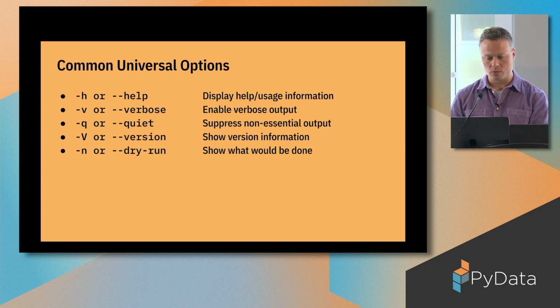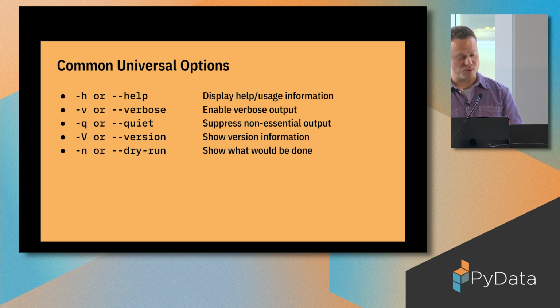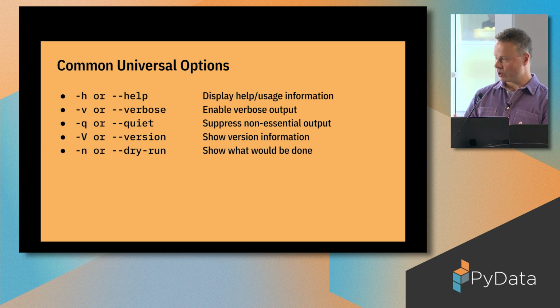So when it comes to options that you can use for your next command line tool, there are certain conventions out there. And a lot of tools, not all of them, there are always exceptions. I mean, that happens when something has been around for that long.